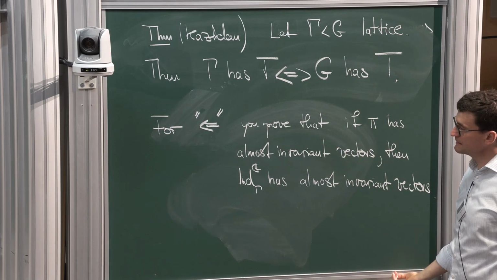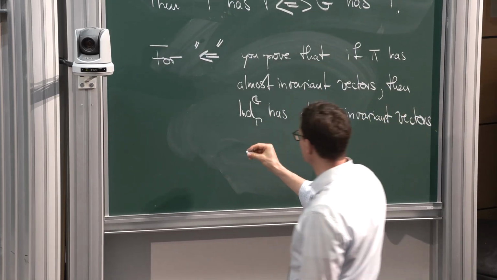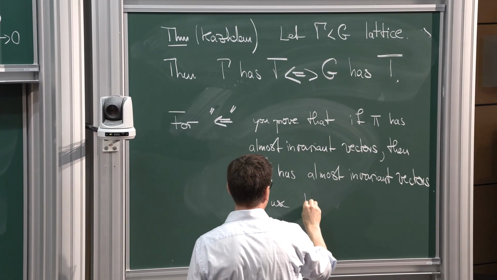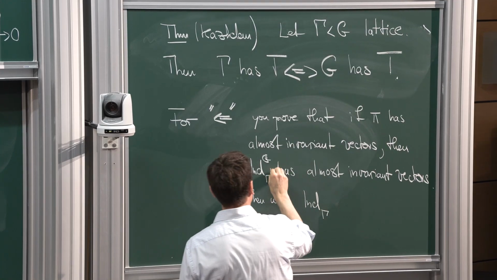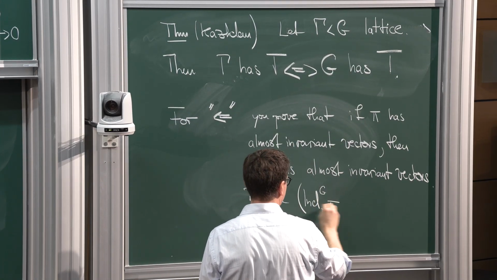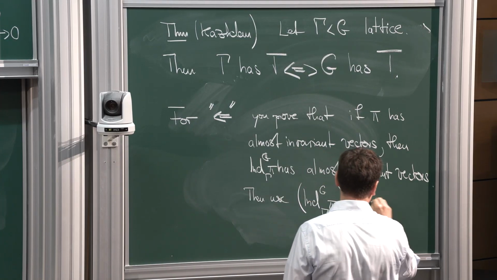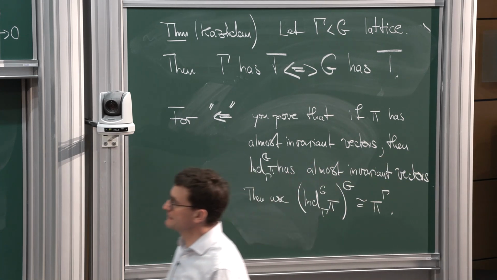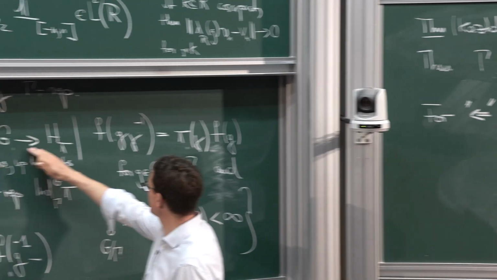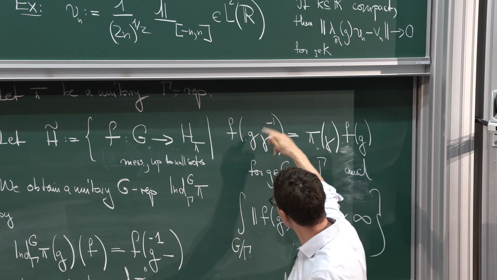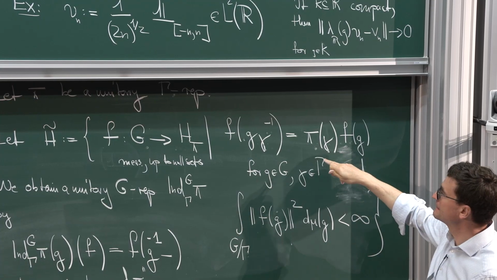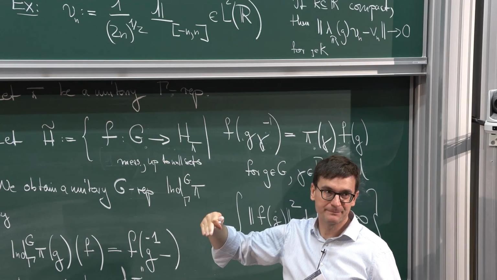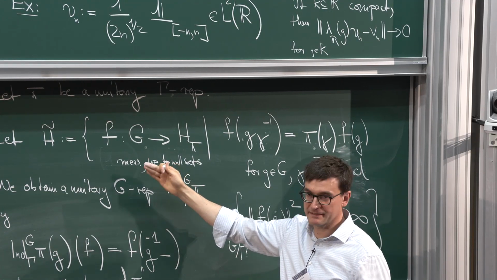And then you apply T here, which is also not hard to see from this construction. Then use that if you look at the G invariance, this is just the gamma invariance. So if you look at G invariant functions here, then because you still have these gamma equivariance conditions, you look at constant functions, if you look at G equivariant vectors in the unitary induction.